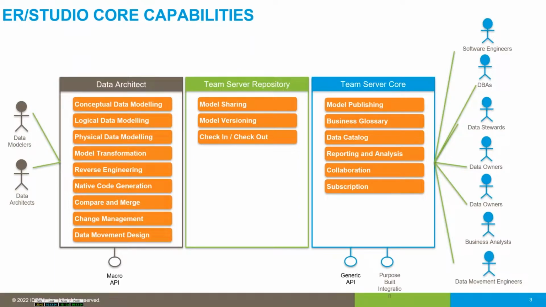So we don't declare ER Studio as a data governance tool, but we're going to help contribute to a data governance project by maybe creating business glossaries, creating the terms within them. We can map terms to data models to help build an overall data catalog. So we've got a lot of features in the tool around that area.